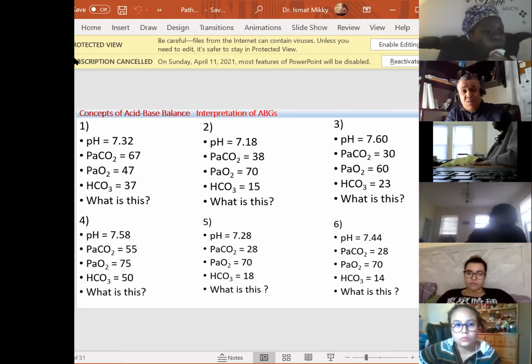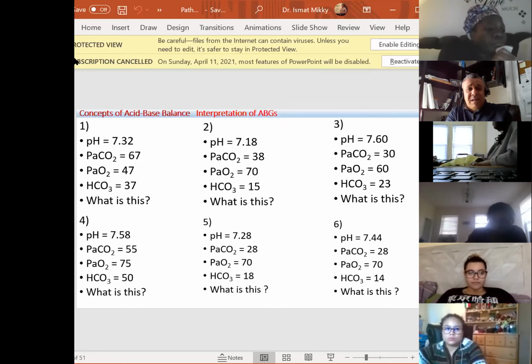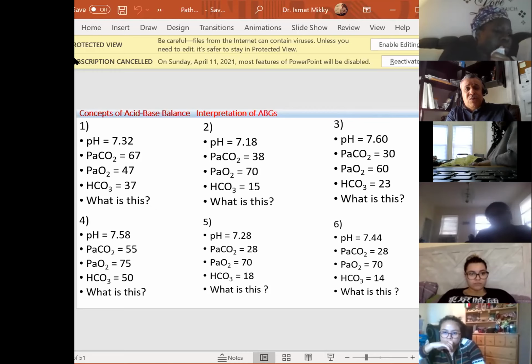It can excrete more H pluses and retain bicarb. That would be one of the ways to fix the acidosis. So if the bicarb is still 22 to 26, within range, then that's no compensation, zero.